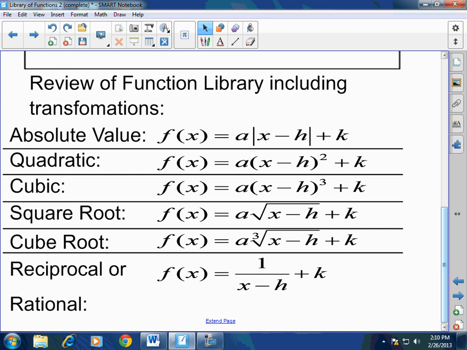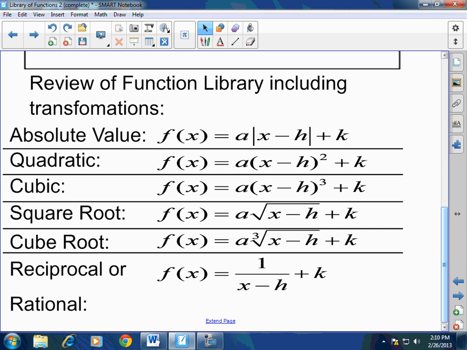Quadratic: A times (x - h)² plus k. Cubic: A times (x - h)³ plus k. Square root: A times the square root of x minus h, plus k outside of the square root. Cube root: A times the cube root of x minus h, close the radical sign, plus k on the outside.